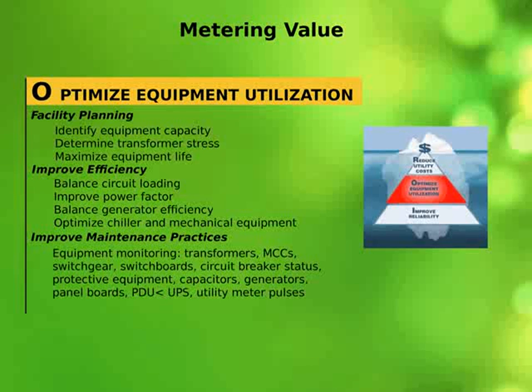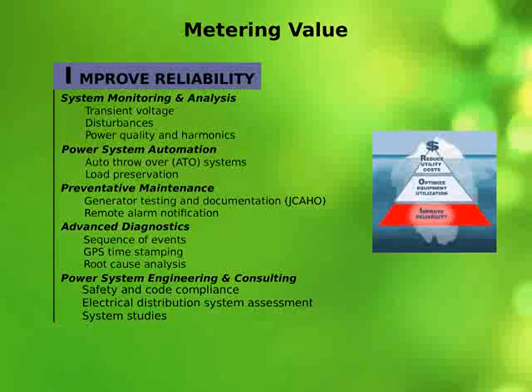Next slide. And completing the dimension in terms of the iceberg around metering value is a dimension of improved reliability, which is very important. System monitoring and analysis, power system automation, preventive maintenance, advanced diagnostics, power system engineering, and consulting all fall in this dimension.